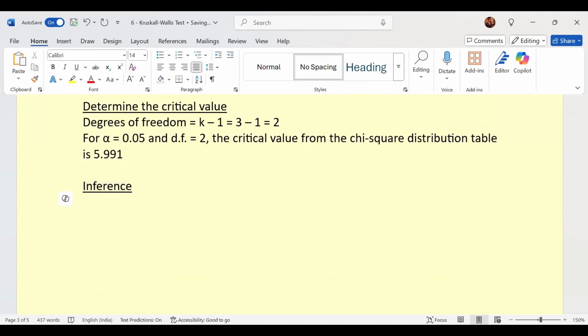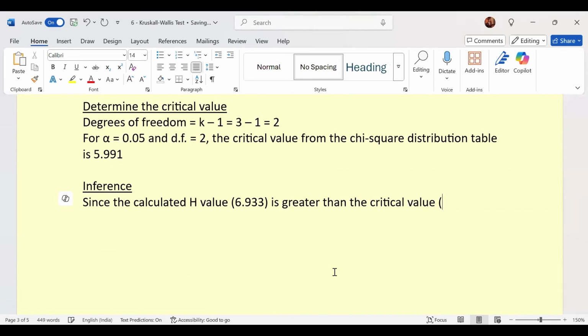Since the calculated H value, that is 6.933, is greater than the critical value, which is 5.991, we reject the null hypothesis.